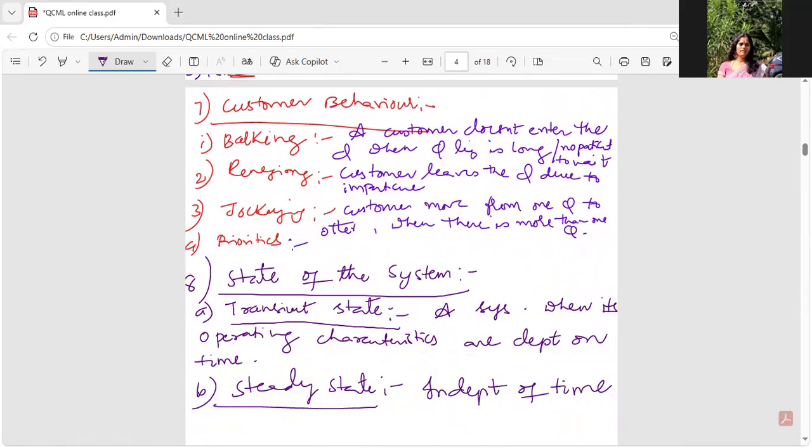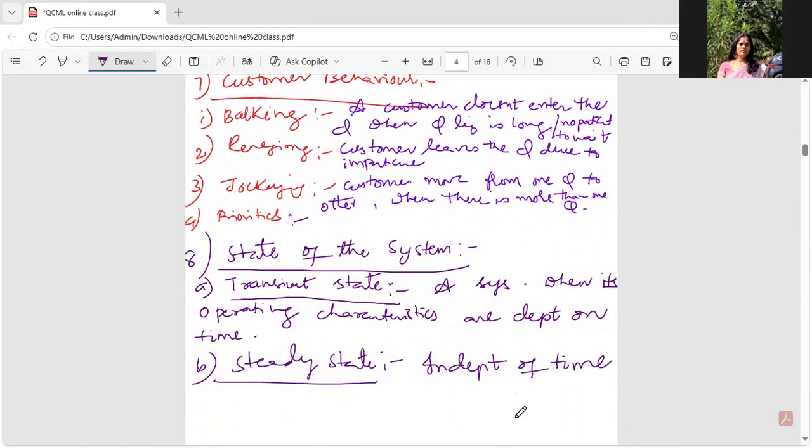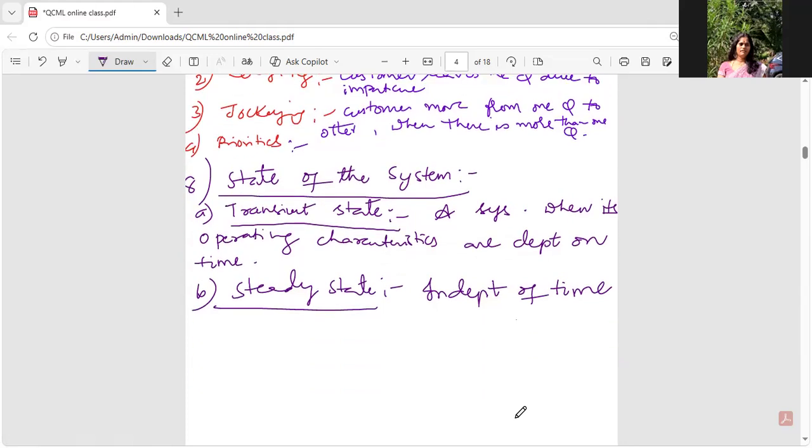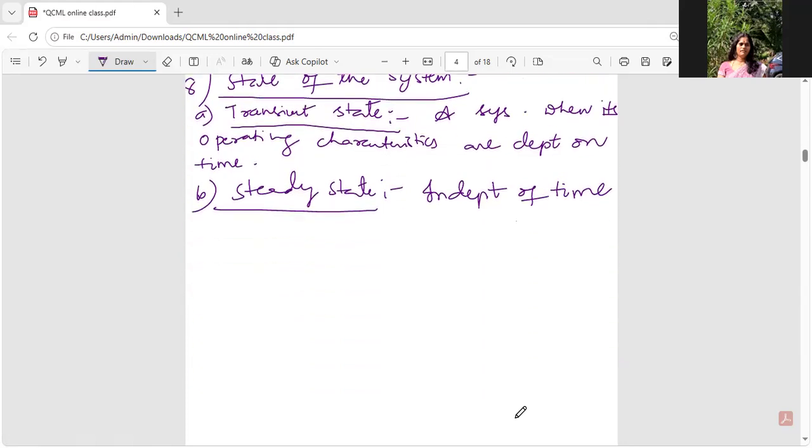The last important point would be the state of the system being in transient or steady state. These are the basic points that have to be taken care of when you are discussing a queuing model. And then the Kendall's notation also takes care of all these things. In Kendall's shorthand notation, we take care of all these things and notate them.